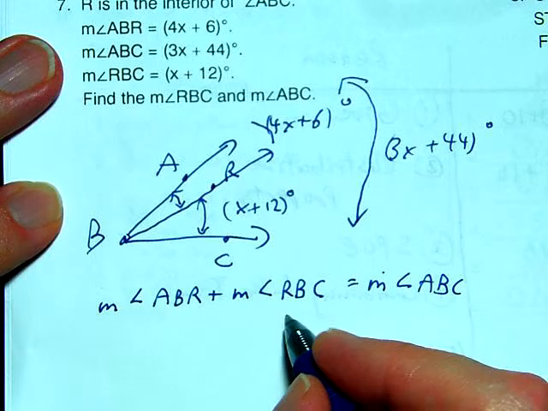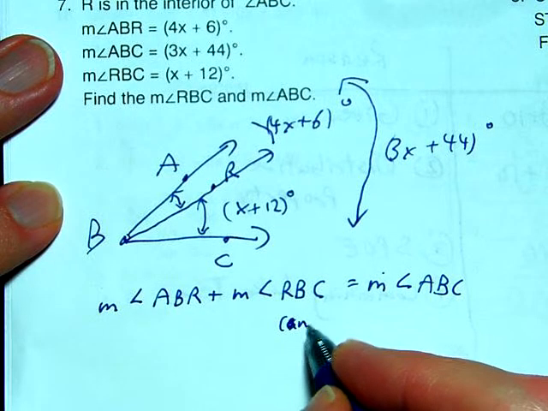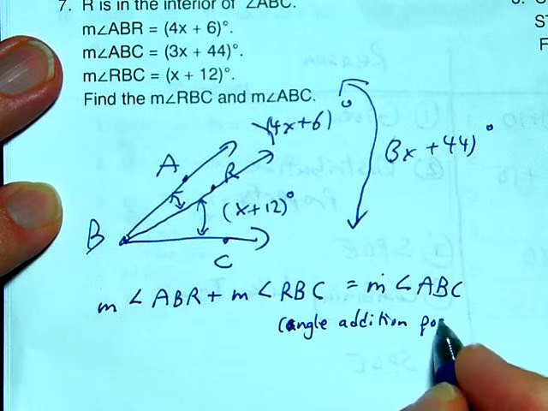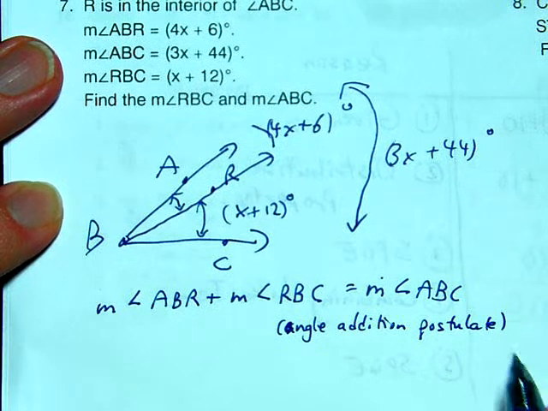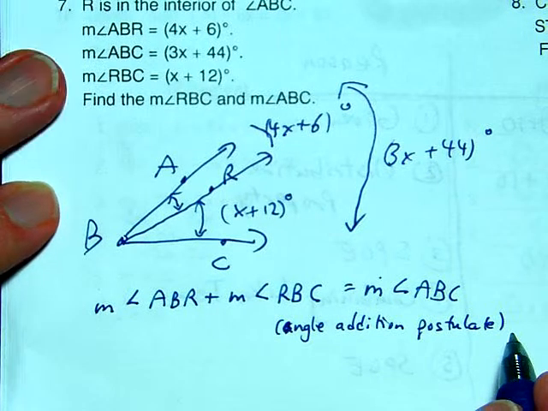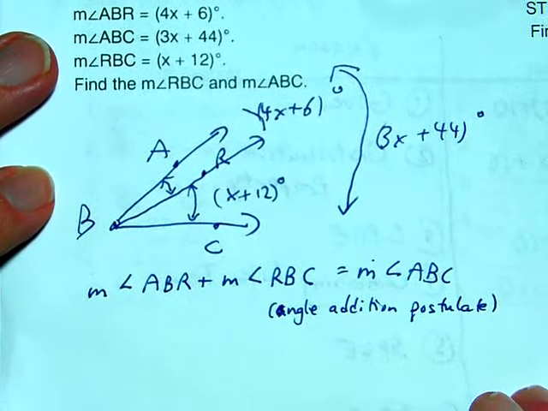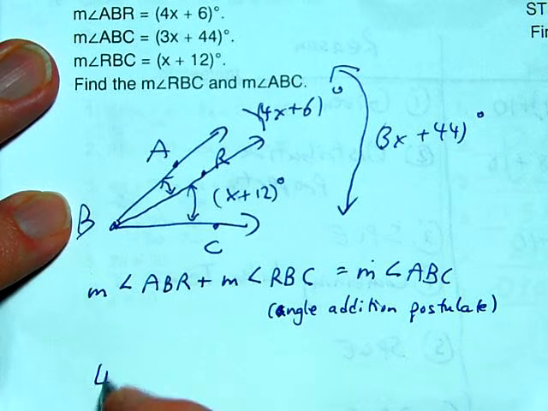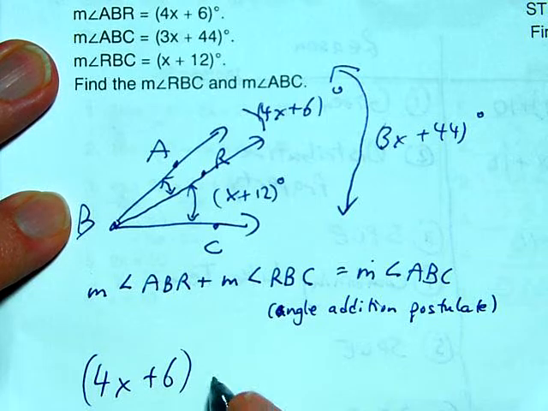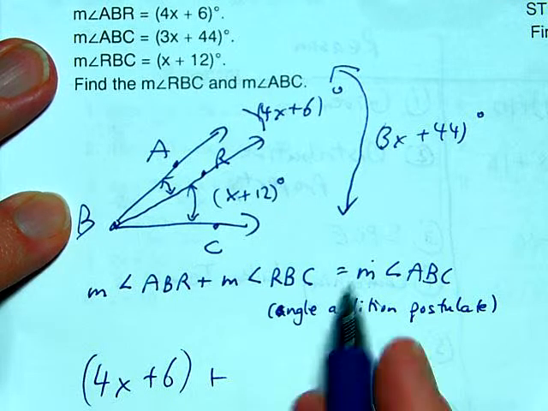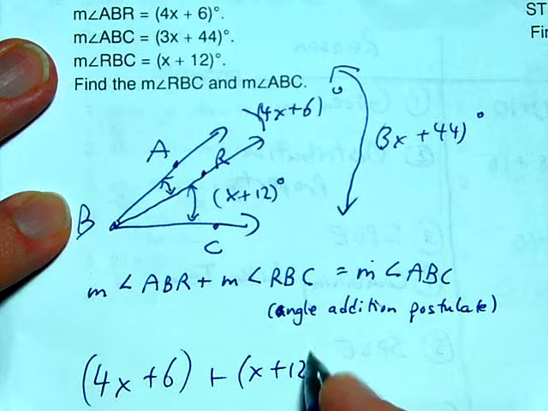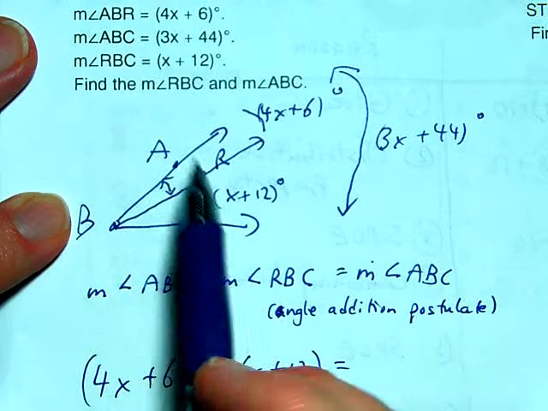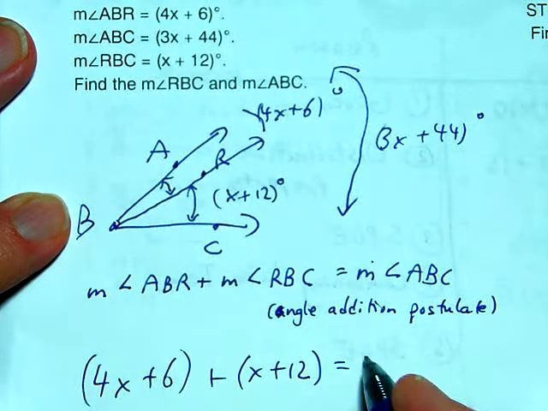And this is because of the angle addition postulate that we just used a few minutes ago. But now we can substitute in the polynomials that we know represent each of these angles. So ABR is 4x plus 6. The measure of angle RBC is x plus 12. And the measure of angle ABC is 3x plus 44.